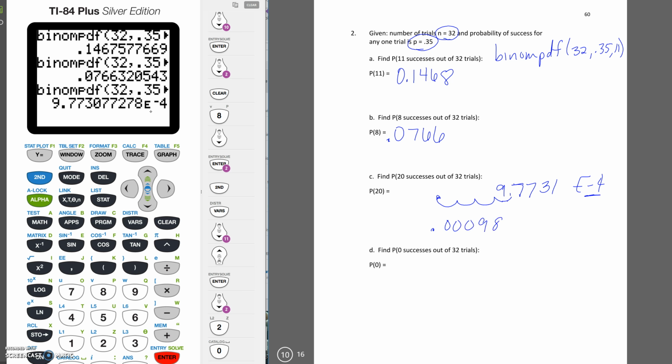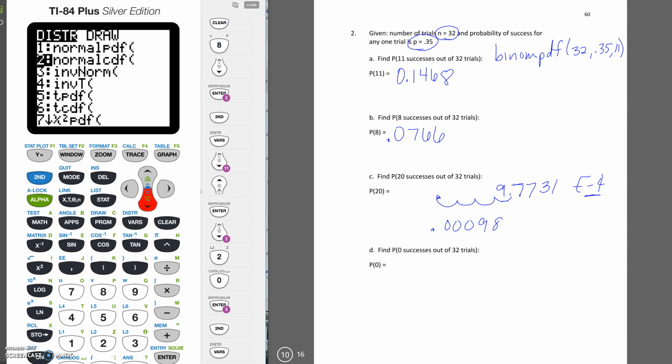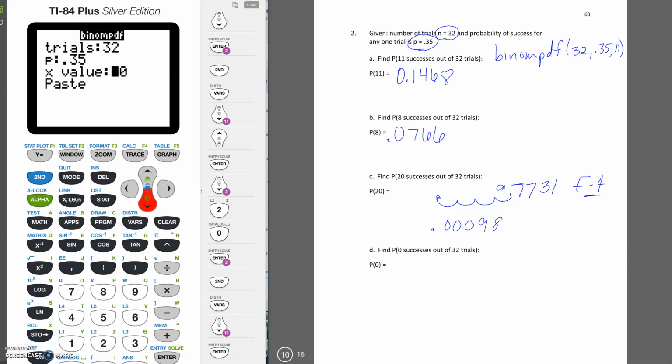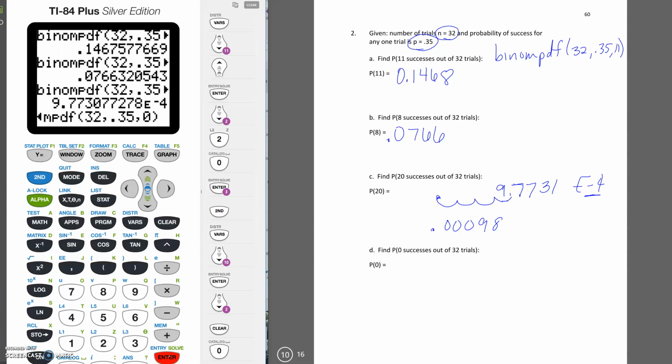And for the probability of 0 successes out of 32 trials, we're going to put 0 in for x. Again, scientific notation, so we're going to move that decimal 6 places to the left. So we'd have 0.000001.